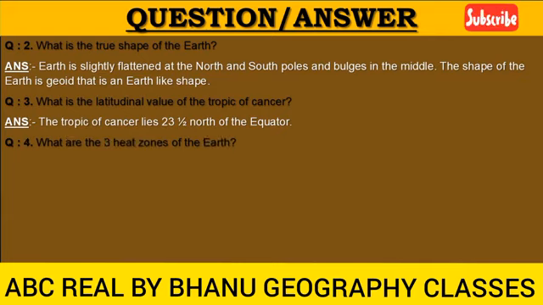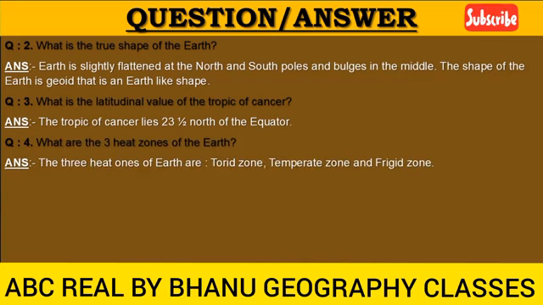Question number 4. What are the 3 heat zones of the earth? Answer of this question is, 3 heat zones of earth are torrid zone, temperate zone and frigid zone. Question number 5. What are parallels of latitude and meridians of longitude?